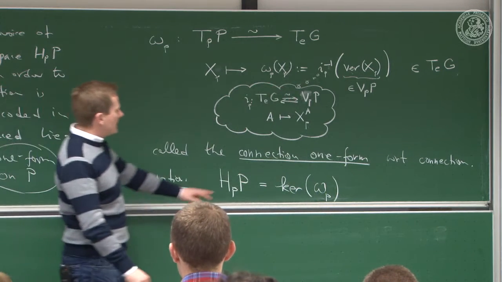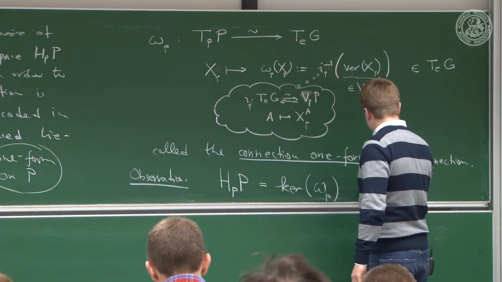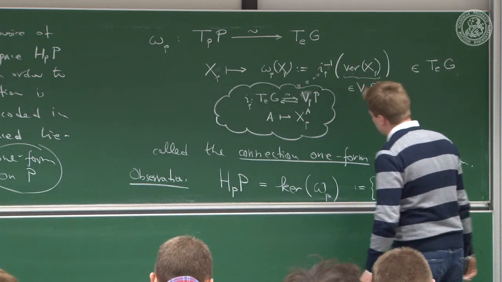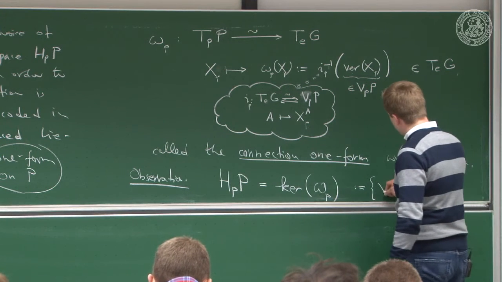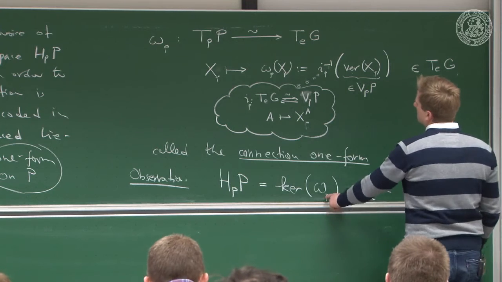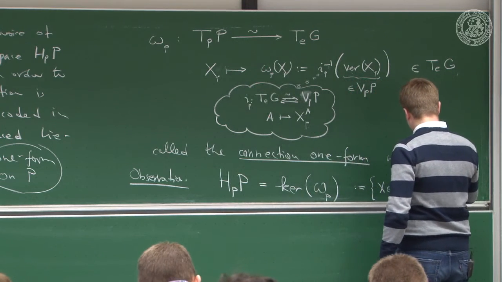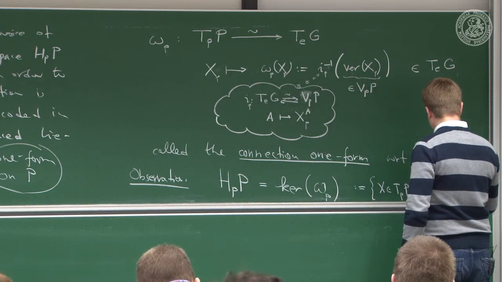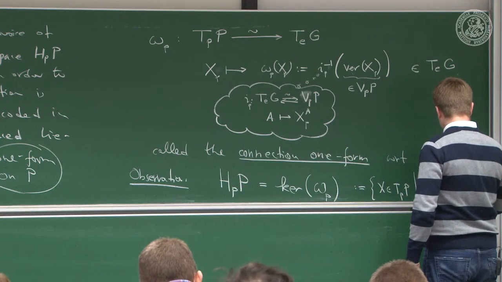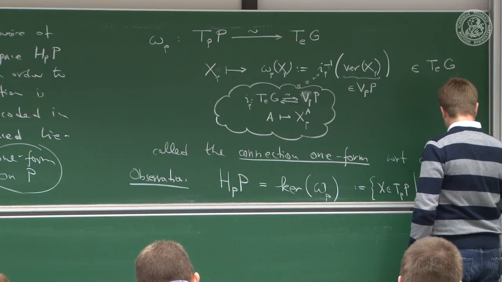So I again define the kernel, you know what the kernel is, maybe it's nevertheless useful to write this down here: it is all those x in the domain T_P P which are sent by omega to 0.